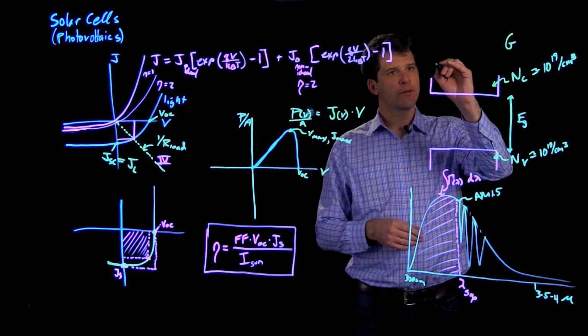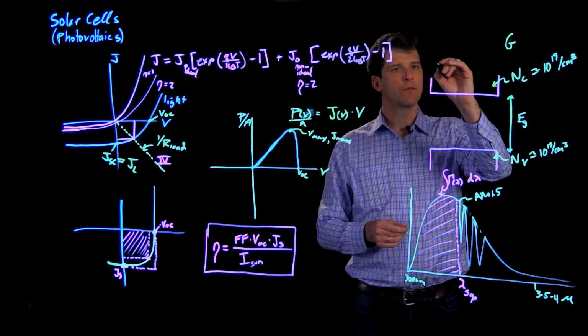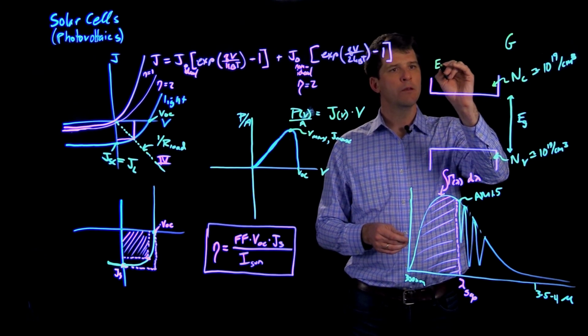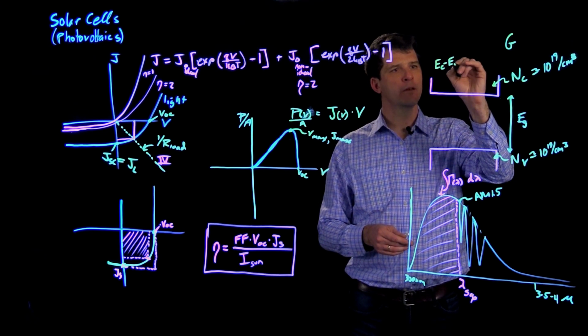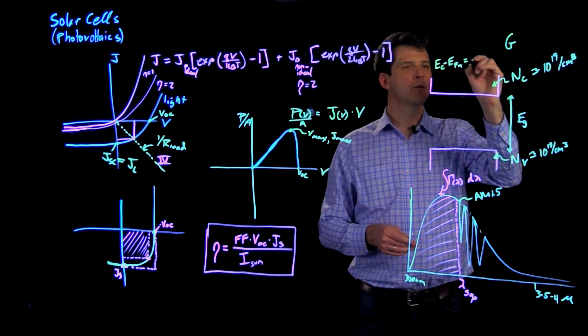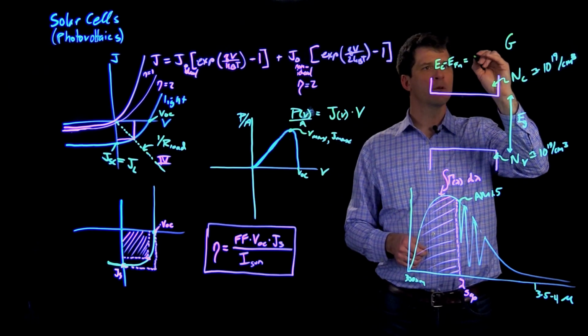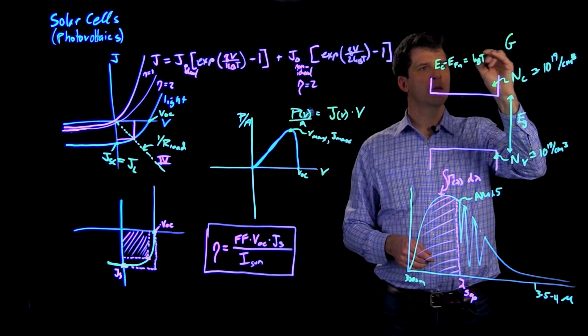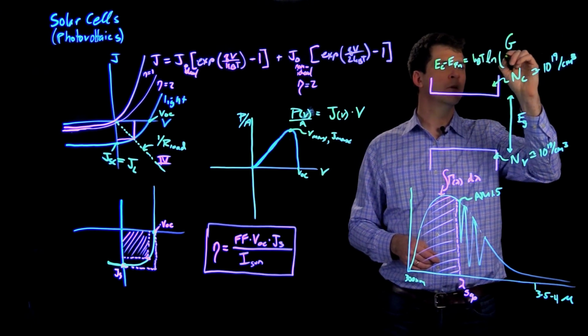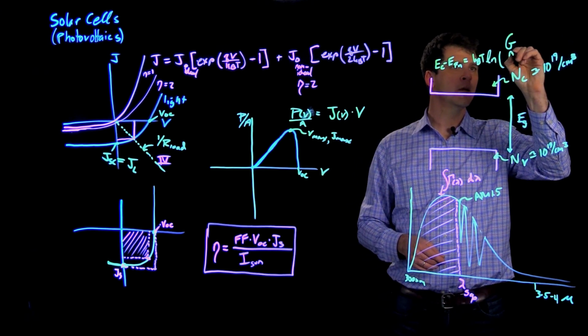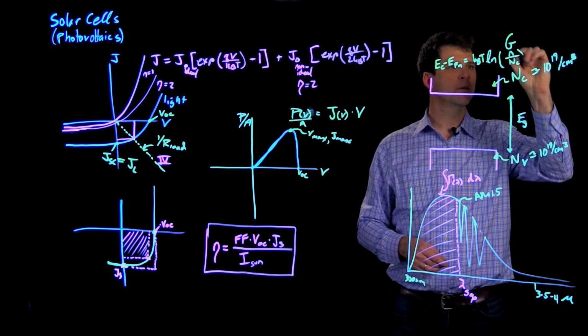Now, let's remember our definition of the quasi-Fermi levels. We can say that EC minus EFN is going to be proportional to kBT times the logarithm of n over NC.